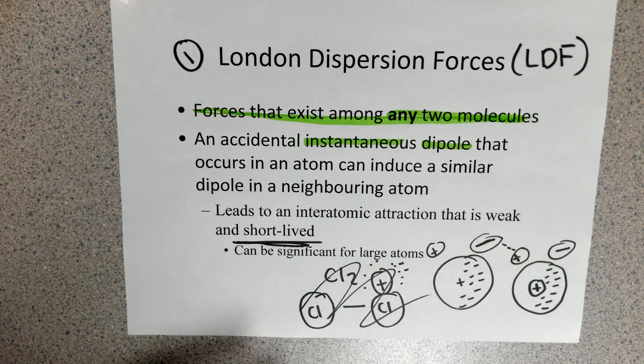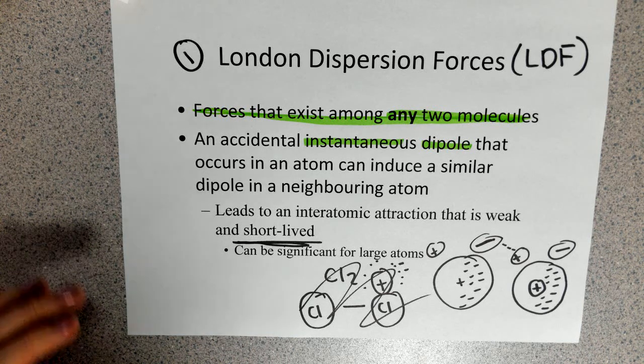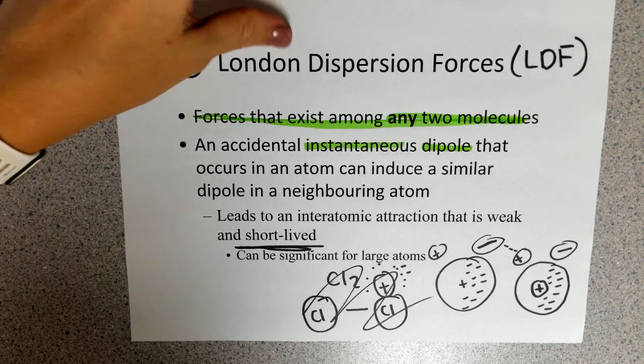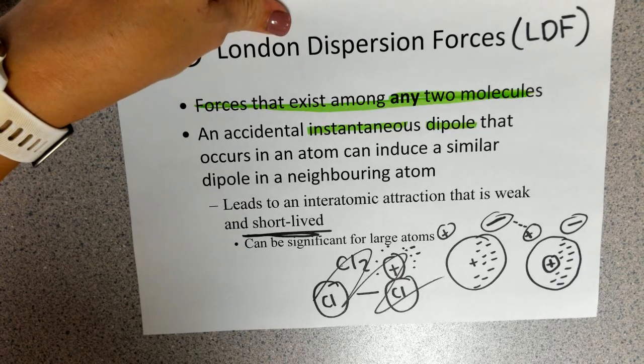Now, it is a weak force, or a weak attraction between them, but it is there, and this happens all the time. Electrons are always moving, and so sometimes they end up on one side of the atom compared to the other. And that's all London dispersion forces are. And this happens in any atom, any molecule.